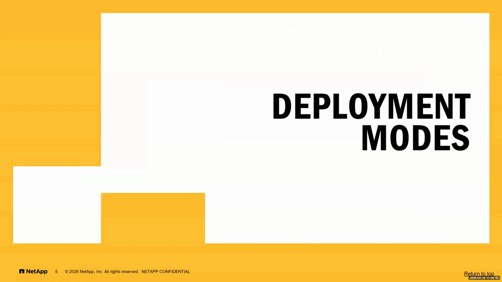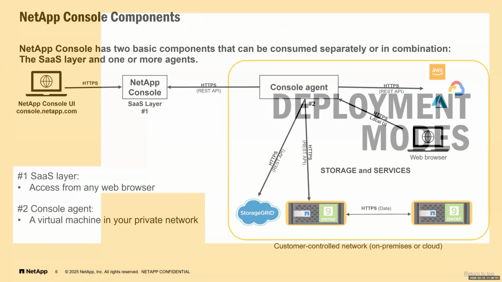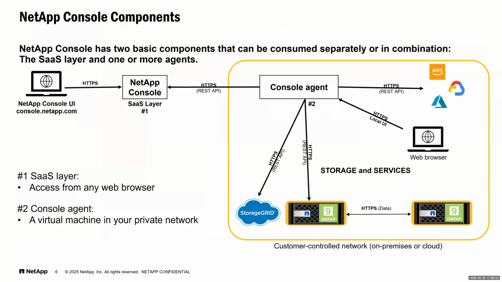We'll now discuss the different deployment modes available and how they support your operational and regulatory requirements. Before we get into modes, let's understand core components. So what exactly is NetApp Console? It consists of two main components.